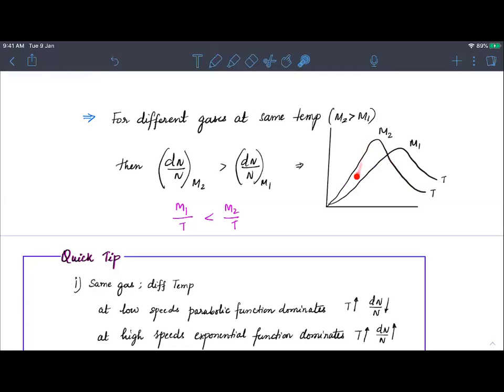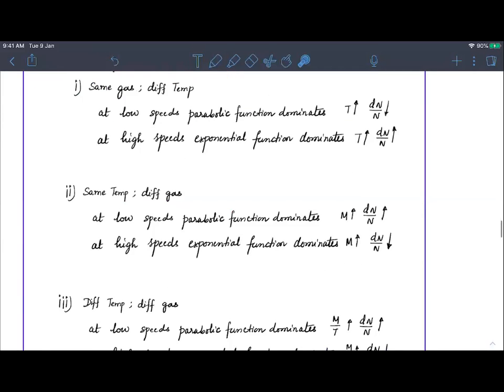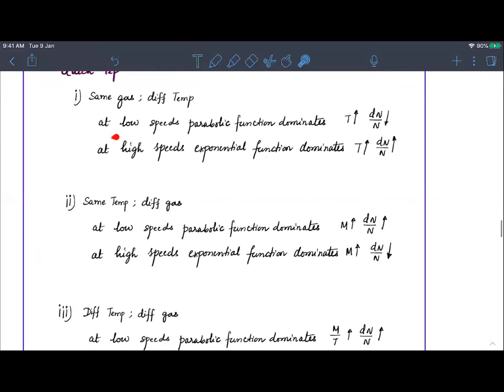So this should be the m2 wala graph and this should be the m1 wala graph. I guess this point is clear. So these are the direct equations asked in JEE Advanced. Got it? Like what happens in case you have a parabolic function, exponent function, whether it will increase or decrease.